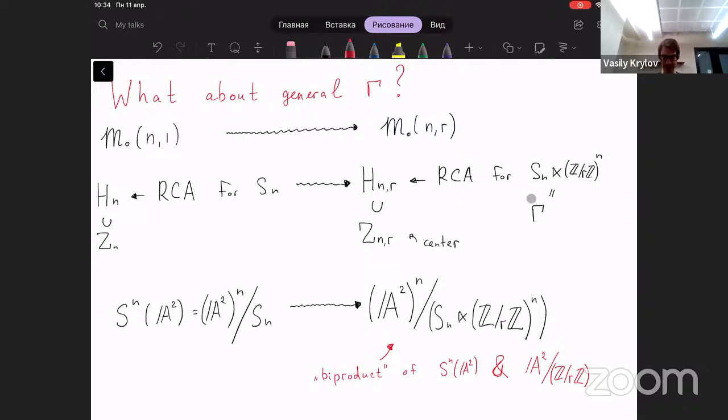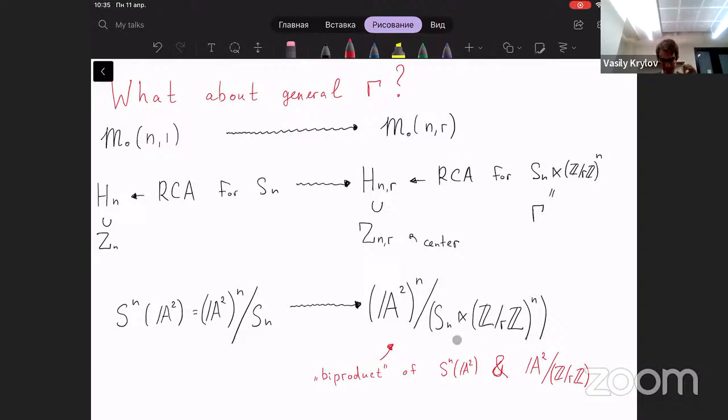But what does this candidate deform? It deforms A2 to the power n modulo this semi-direct product. So this becomes this Sn of A2.